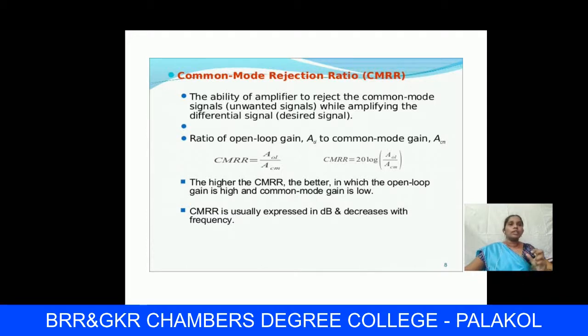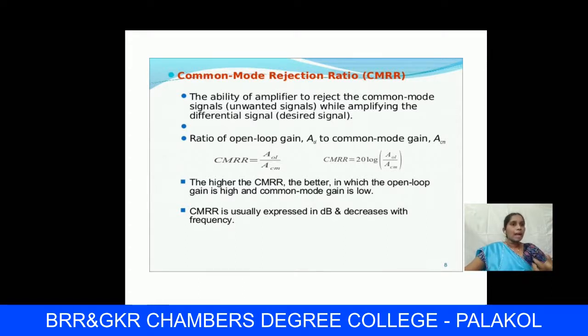So we are discussing the common mode rejection ratio. What is the capability to reject unwanted signals? Whenever an unwanted signal comes to an amplifier, it will not amplify that unwanted signal completely. It will reject that signal.